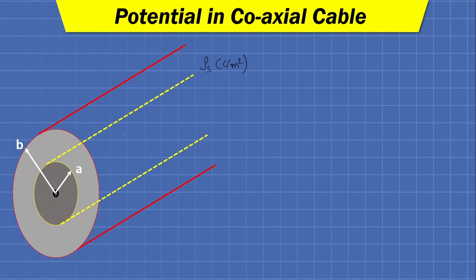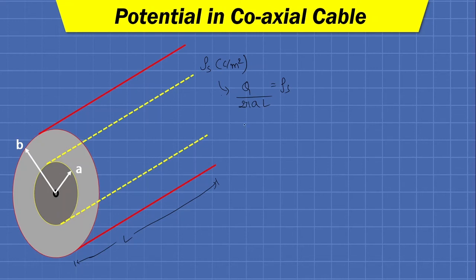Fine. But we already know that we can also represent this charge density in terms of line charge density. So if you want to find here rho s, what is the value of rho s? The total charge q divided by 2 pi a, and say if the length of this coaxial cable is L, then it will be q upon 2 pi a L, equals rho s.